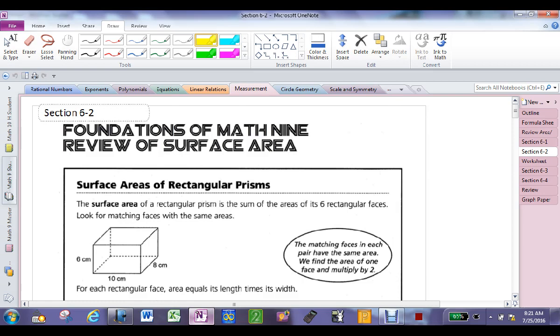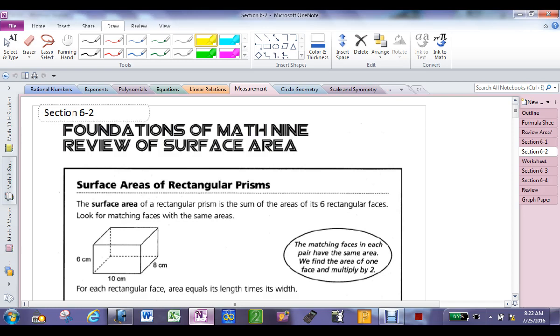Why? What about this? There's a hole in the top. What if I do this? Now what's the surface area? The outside. Just the outside. Do you understand? Okay. The next thing we have to talk about is every three-dimensional shape is made up of what?